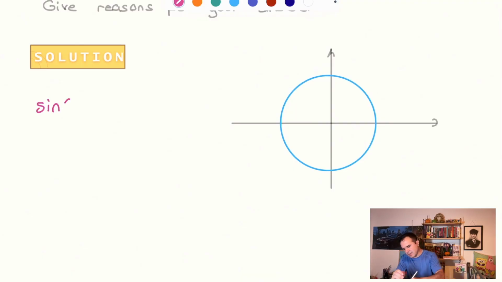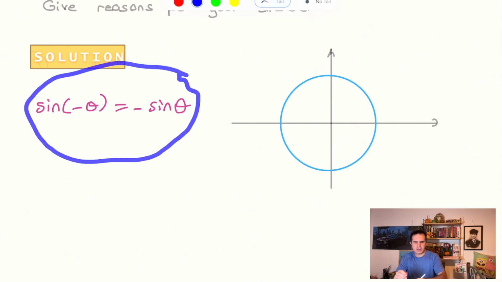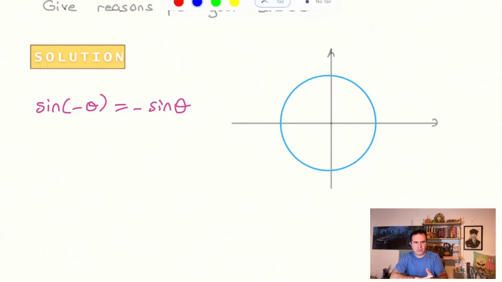We actually know that sine of minus theta equals, no, not sine of theta, this is equal to minus sine theta. And I will show you the reason for that.